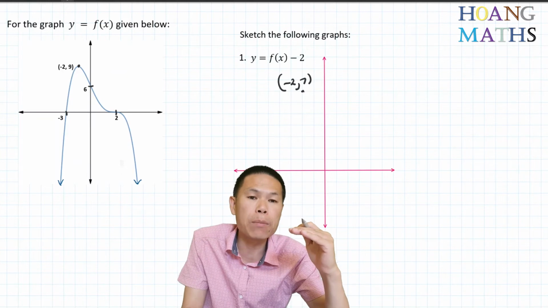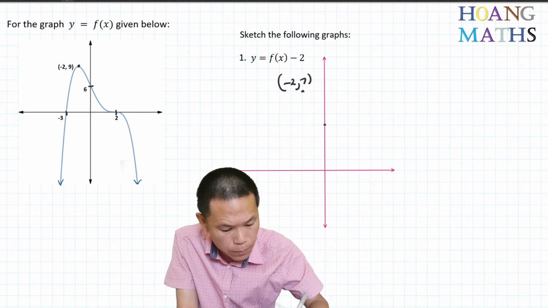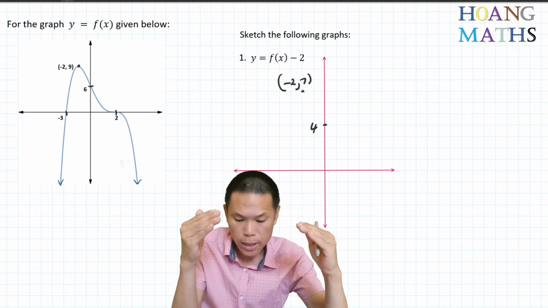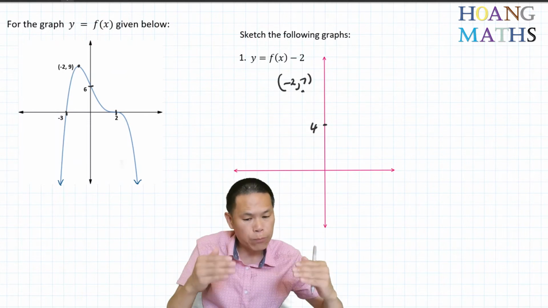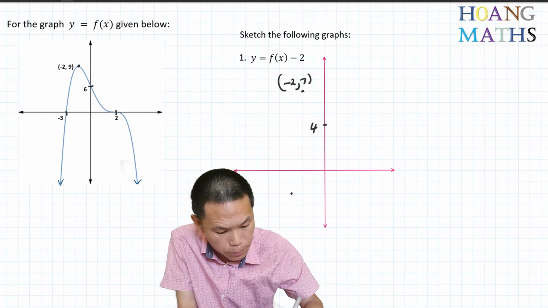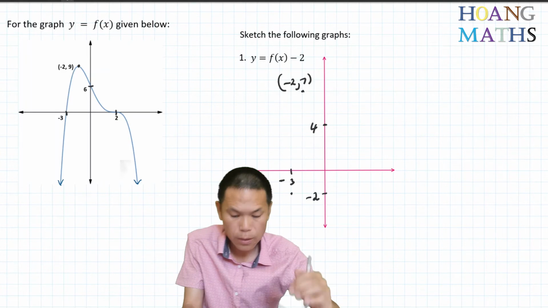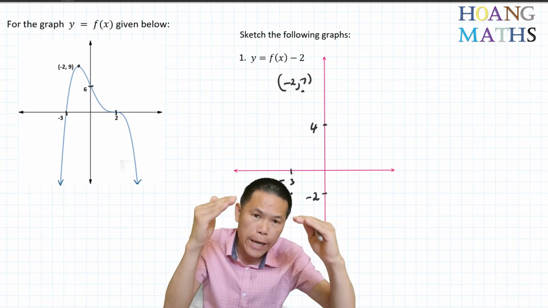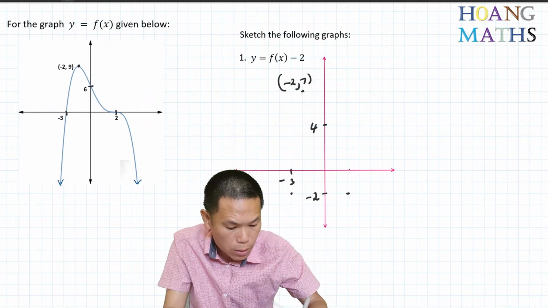And the y-intercept is 6, so move down 2 units, becomes 4. And the x-intercept is negative 3, 0, so move down 2 units, so becomes negative 3, negative 2 here. And the point of inflection is at 2, 0. So again, shift down 2 units. So it becomes 2 and negative 2.